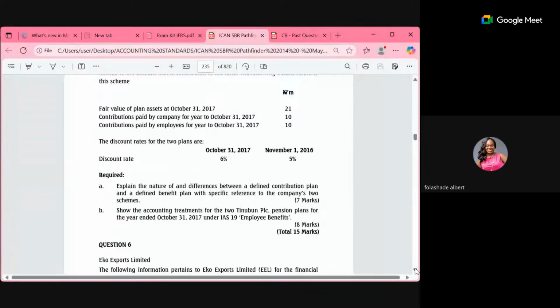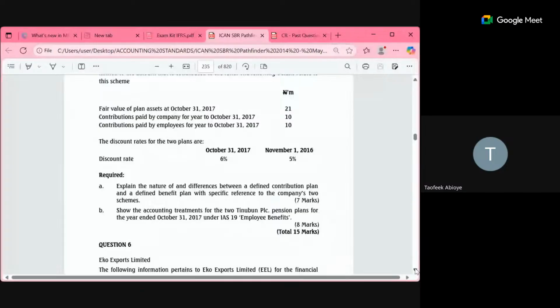Now they say show the accounting treatment for the two Tinubu PLC pension plans for the year ended 31st December 2017 under IAS 19, which is employee benefits, 15 marks.